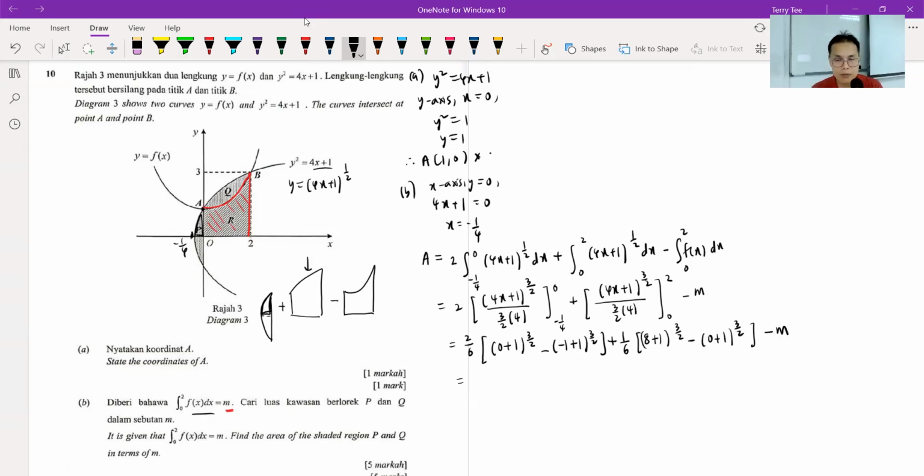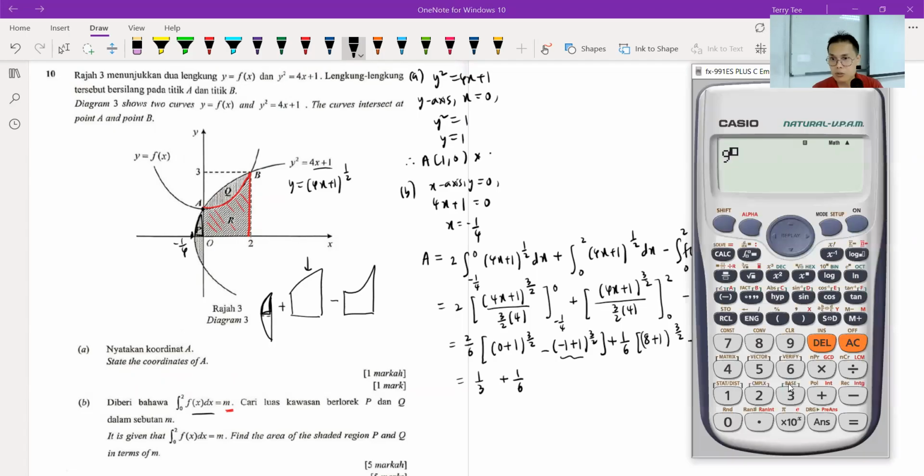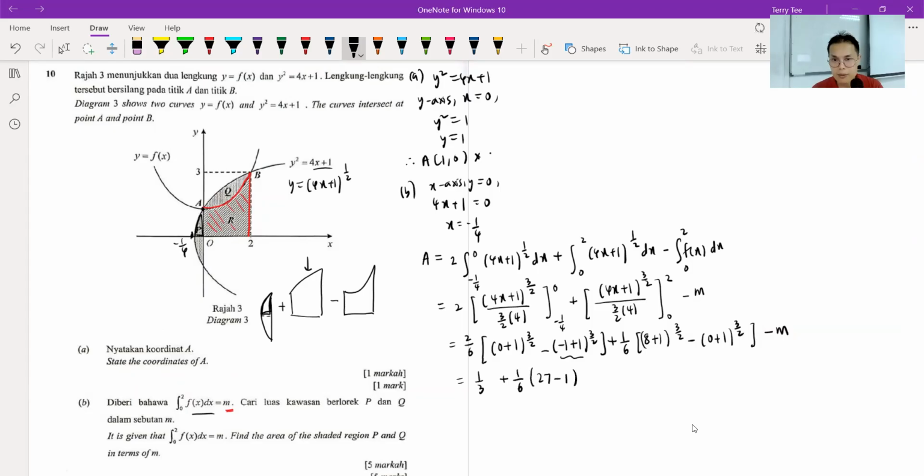Okay, so let's simplify. This is 1 over 3. 1 to the power of anything is still 1. The second part here is 0. So this is just 1 over 3. Second one is 1 over 6. 8 plus 1 is 9. 9 to the power 3 over 2 is actually 27. But you need to minus 1.